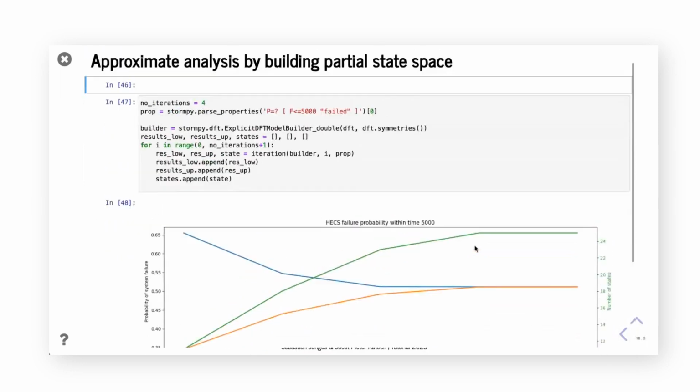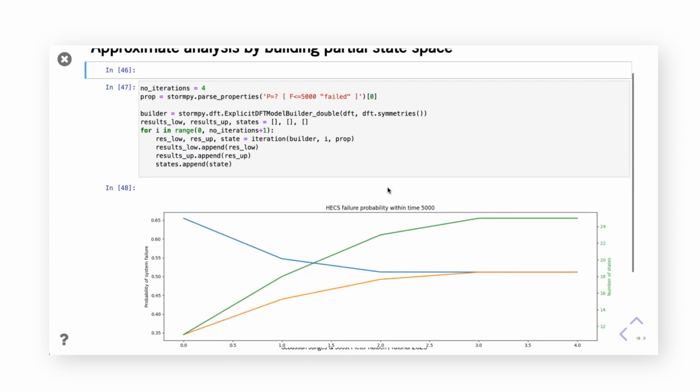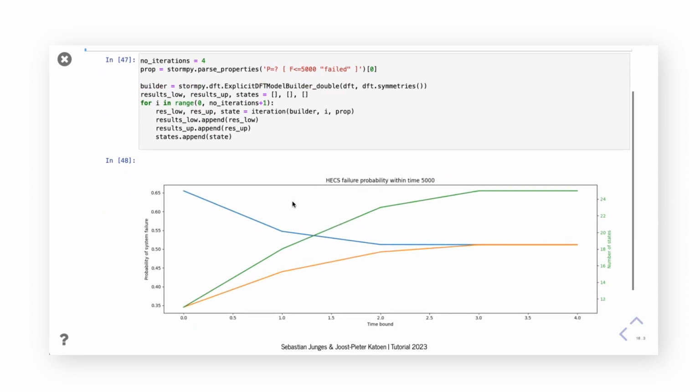And as a very last item on this notebook, there is a way to understand the partial state space building. What you can see in this graph are the different iterations of building and verifying the Markov chain.